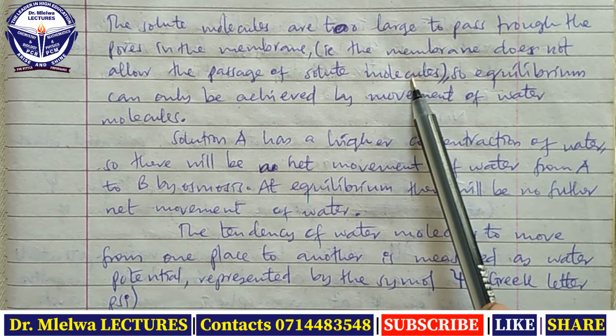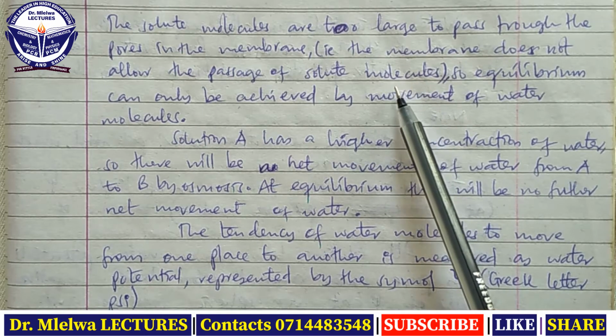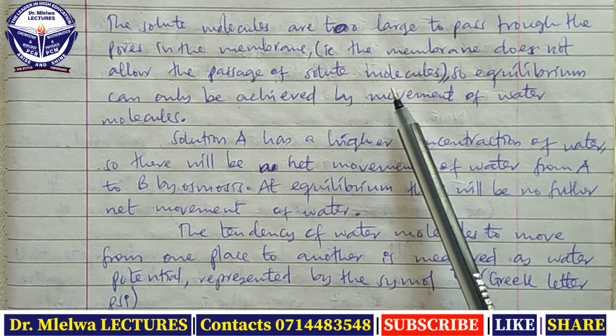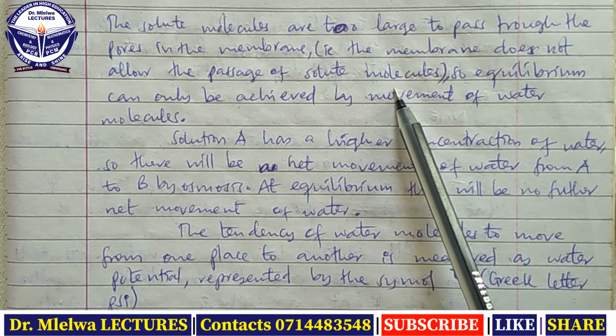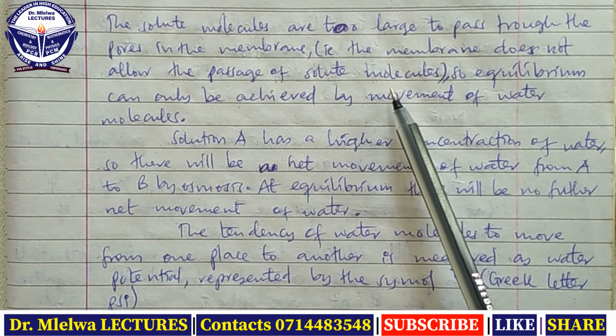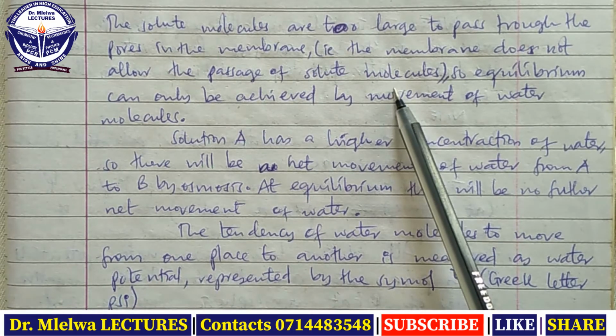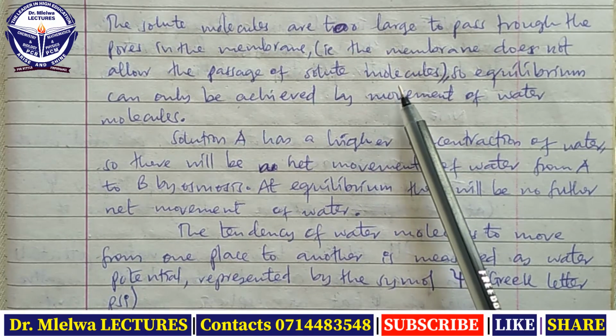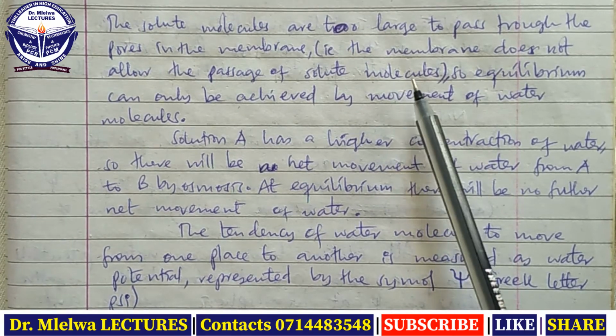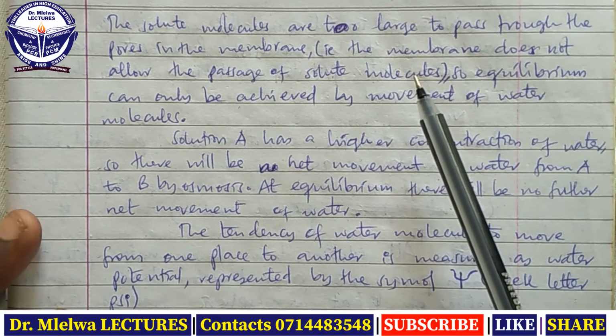The character of these molecules is that they must be small compared with the slits of the membrane. The solute molecules are large compared with the water molecules. So water molecules, since they are small in size, can pass through the pores, while the solute molecules can't pass through the pores.